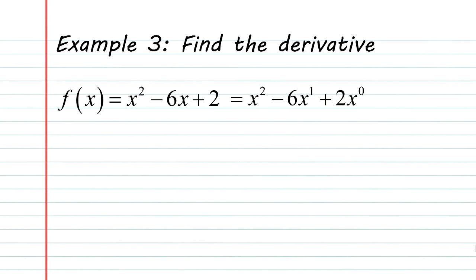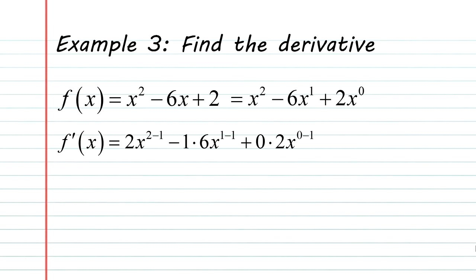So again here, just for clarification, I'm going to rewrite the function as x to the power 2 minus 6x to the power 1 plus 2x raised to the power 0. All right, so when we have just x, we don't typically write that power 1, but I'm going to indicate it here just to help with this power rule. And then a constant 2 can be written as 2x to the power 0.